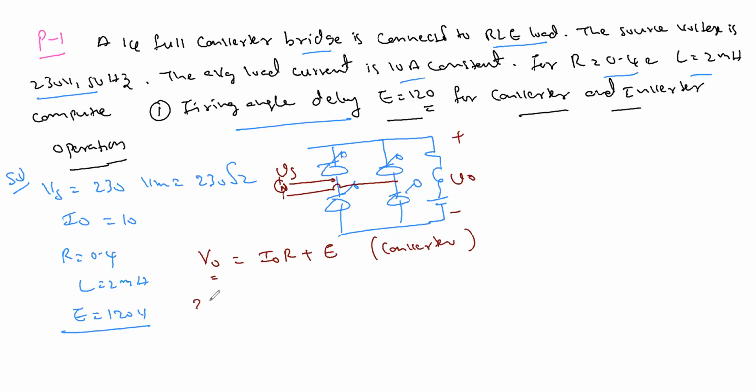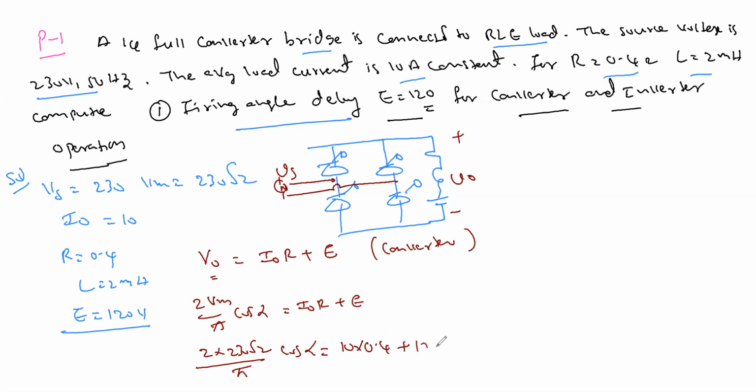And V0 value, what is this? It is 2 Vm by pi cos alpha. We already calculated. I naught R E. So 2 into 230 into root 2 by pi. Pi means here 3.14 लेना चाहिए. Cos alpha, I don't know. Cos alpha calculate करना. I naught is 10, R is 0.4, E का value 120. So alpha calculate करना पड़ेगा. Take this 3.14, find the value of alpha. This is the first one.